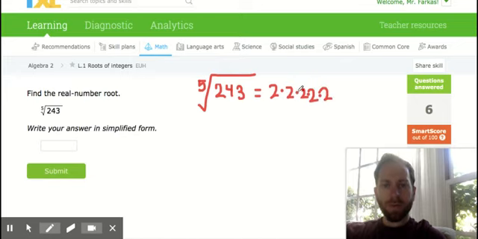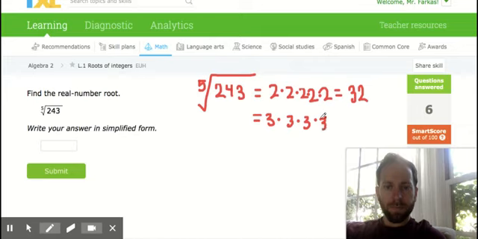Let's see what we get. 2 times 2 is 4, times 2 is 8, times 2 is 16, times 2 is 32. That's not right. Let's try 3. 3 times itself 5 times. 3 times 3 is 9. 9 times 3 is 27. 27 times 3 would be 81.